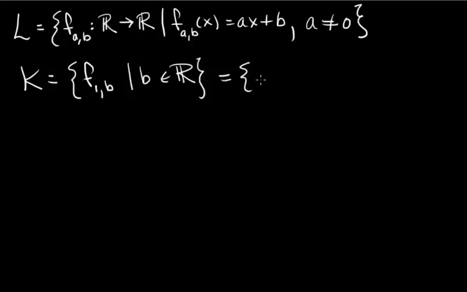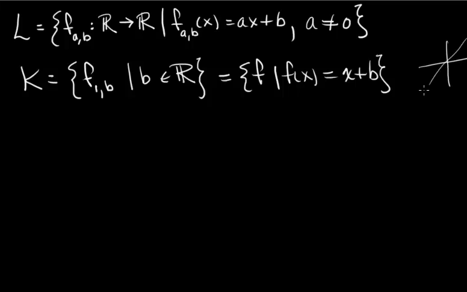Or I could write this as the set of all f such that f of x is equal to x plus b, using a little bit different notation. In other words, this set that we're given is the set of all lines parallel to y equals x.